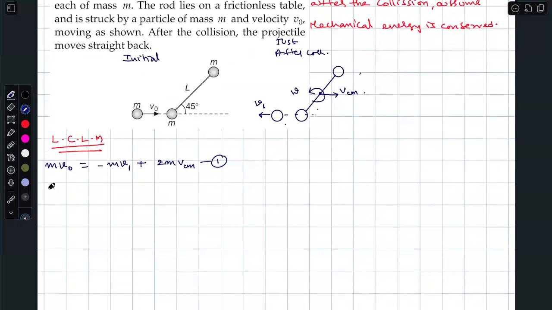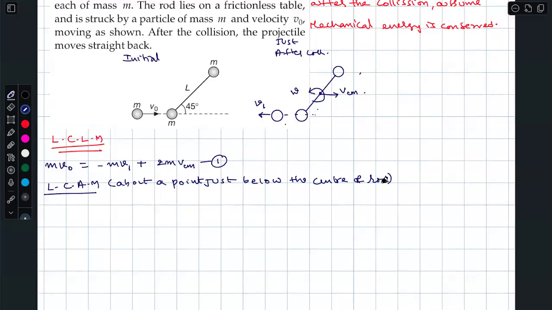Now, law of conservation of angular momentum. Tell me which point you suggest. About a point just below the center of the rod.